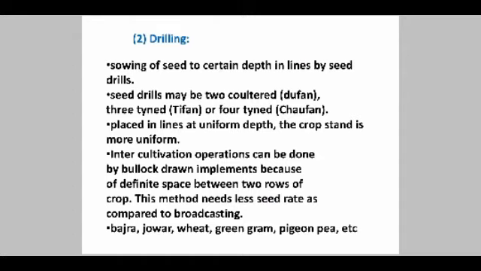This method is very helpful in achieving the proper depth, proper spacing, and proper amount of seed to be sown in the required field area. Drilling can be done by sowing behind the plough.